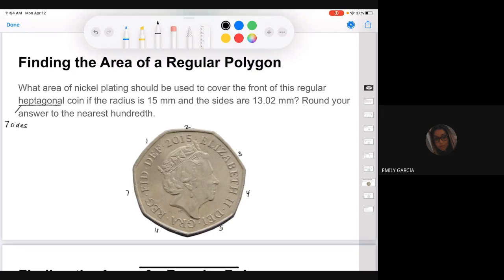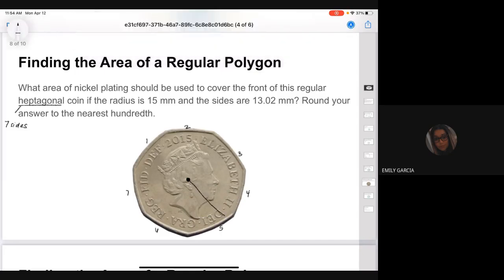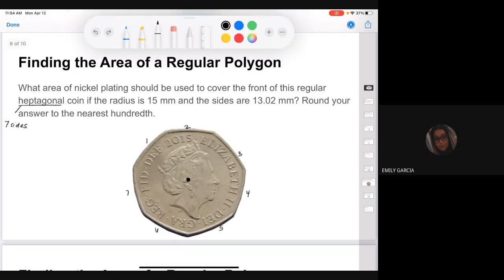Now it says, if the radius is 15 millimeters, so radius from the center to one side, I'm going to connect it to a point. I'm trying my best to connect it to a point. Okay, I'll do it there just so it's easier for us to see.